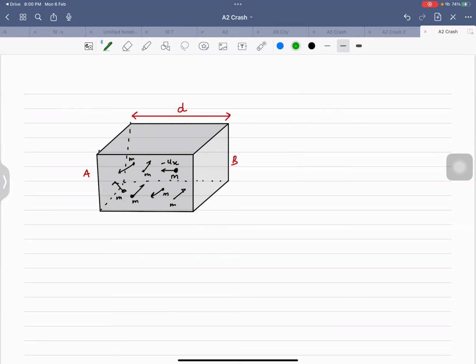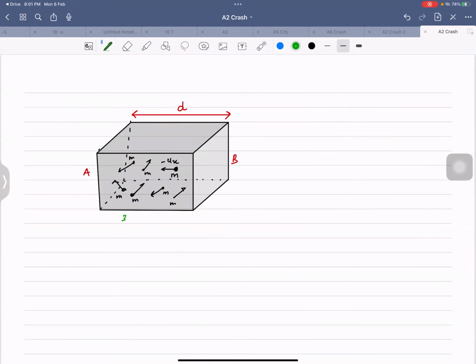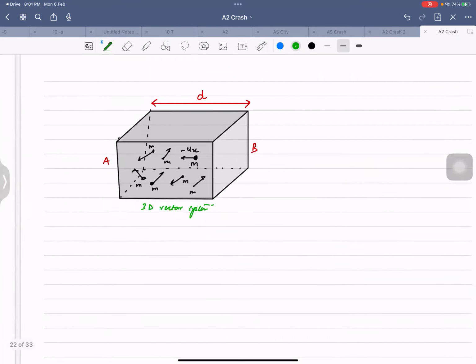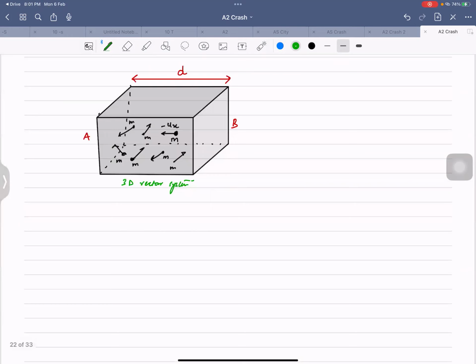Now, we're going to apply this on our third dimension, and obviously they move in all directions. So in a 3D vector system, we should understand that you cannot simply add velocities like 1, 2, 3.